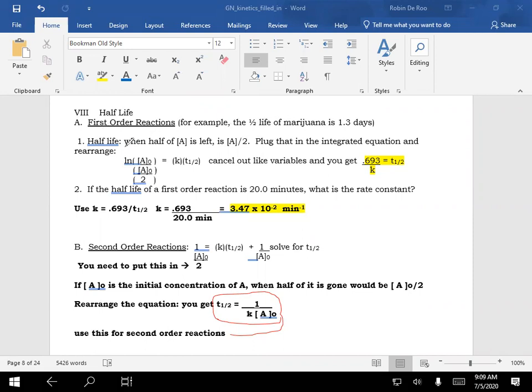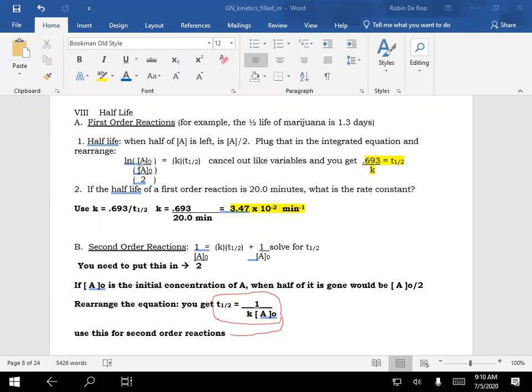So what we're looking at is if you have a certain amount, let's say we have the concentration of A, and when half of it is left, that would be A divided by 2. So if we use that idea and our integrated rate law, this would be our initial concentration, and half of that would be the half-life.